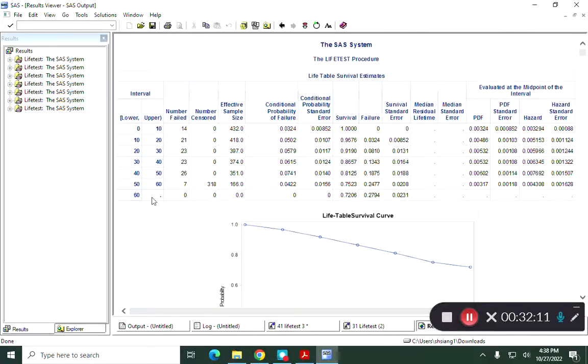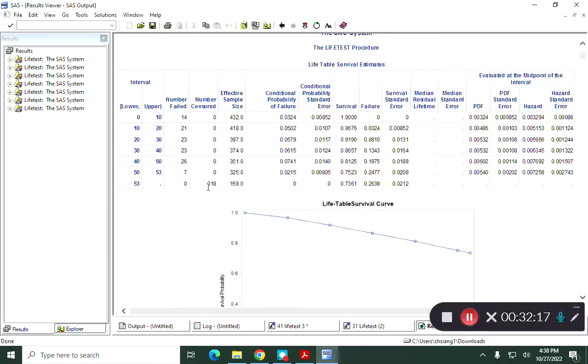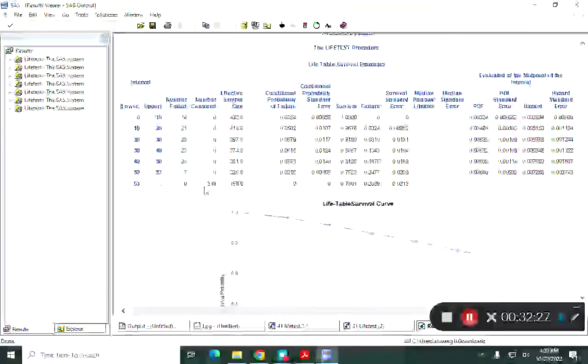Here's the one, 50 to 60. And in reality, we cannot say 50 to 60 because we don't really know. It could happen, right? After week 53, everybody got arrested.